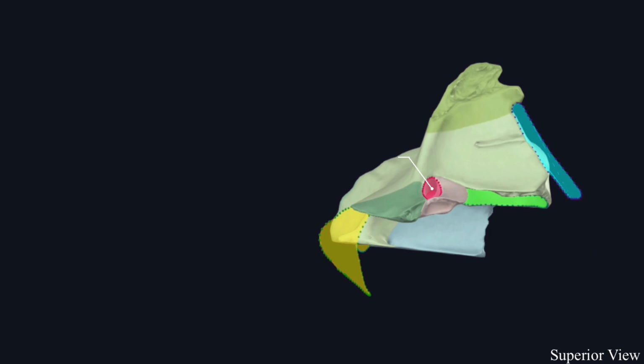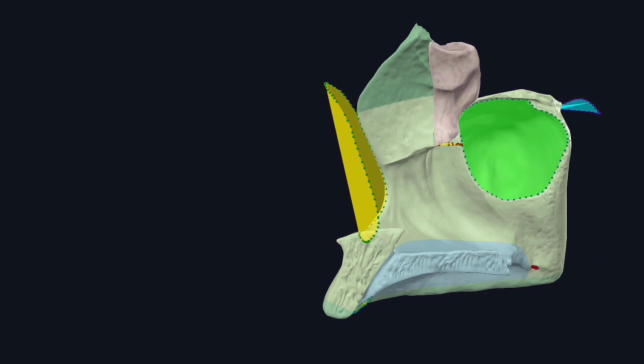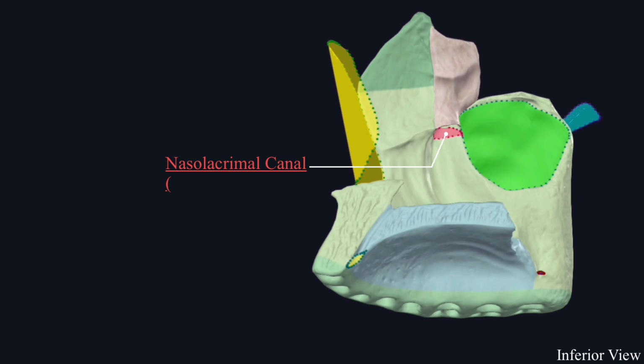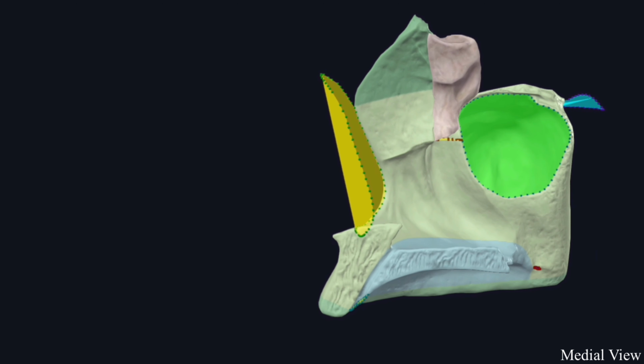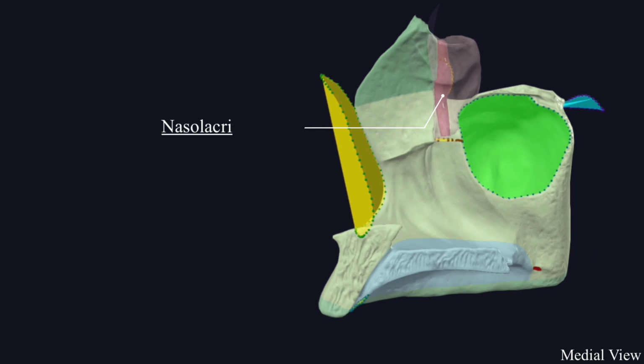In the superior view, this is the point where nasolacrimal canal starts, and below here it terminates, and in the nasolacrimal canal is present nasolacrimal duct. If I make the lacrimal bone slightly transparent, then you can appreciate the nasolacrimal duct in the nasolacrimal canal.